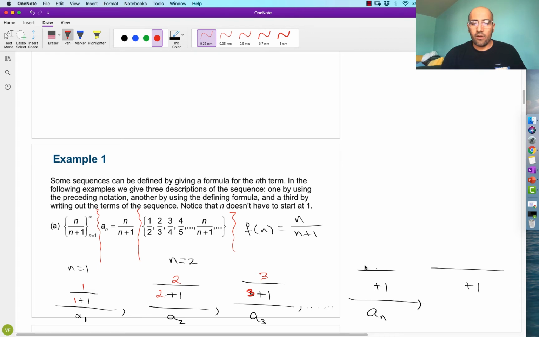And then out to n, so this would be n over n plus 1. And then the one right next to it would be n plus 1 over n plus 1 plus 1. Right, so this would be the a sub n plus 1 term, the one right after it. This is the nth term, and this is the n plus 1 term.